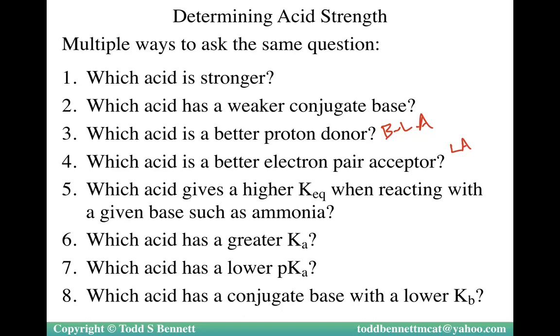Know which acid is stronger, be able to determine that looking at two acids, and then realize all these translate back to which is a stronger acid. So on the test, on homework, on any question you run into, be able to answer which acid is stronger, and then be able to recognize how the question is worded, what they're asking in terms of which acid is stronger, and you will do great.